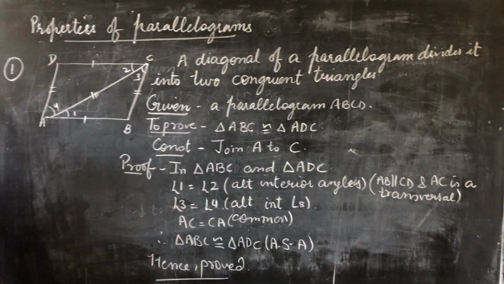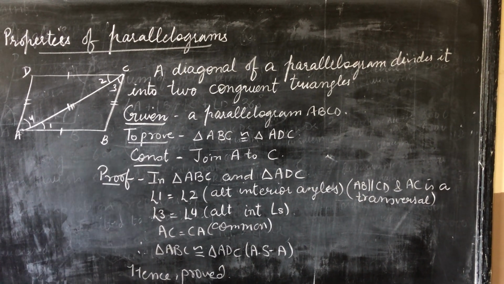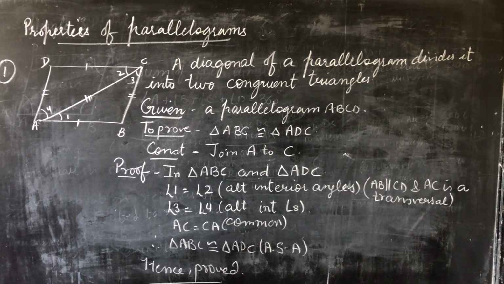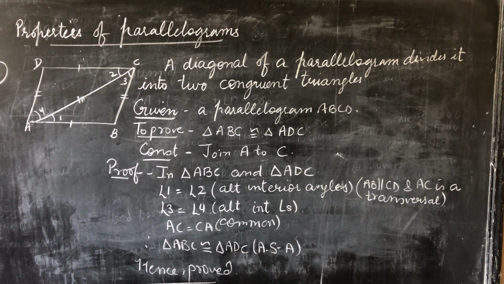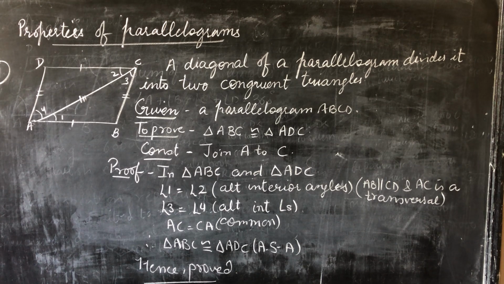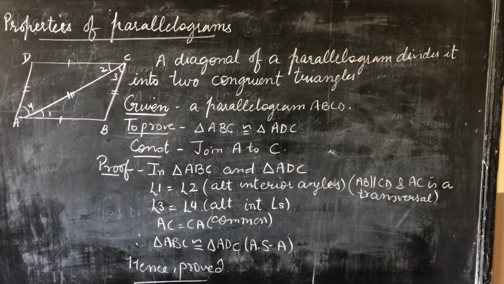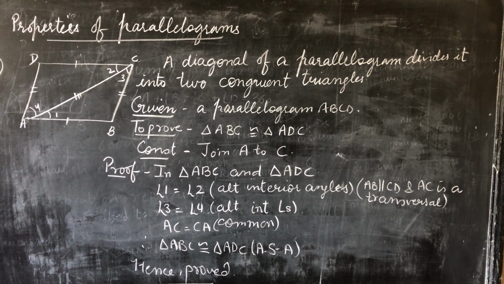Now, the rest of the properties are also there. You have in your NCERT book all these properties given. You can see them from there for parallelograms. What are the properties given?